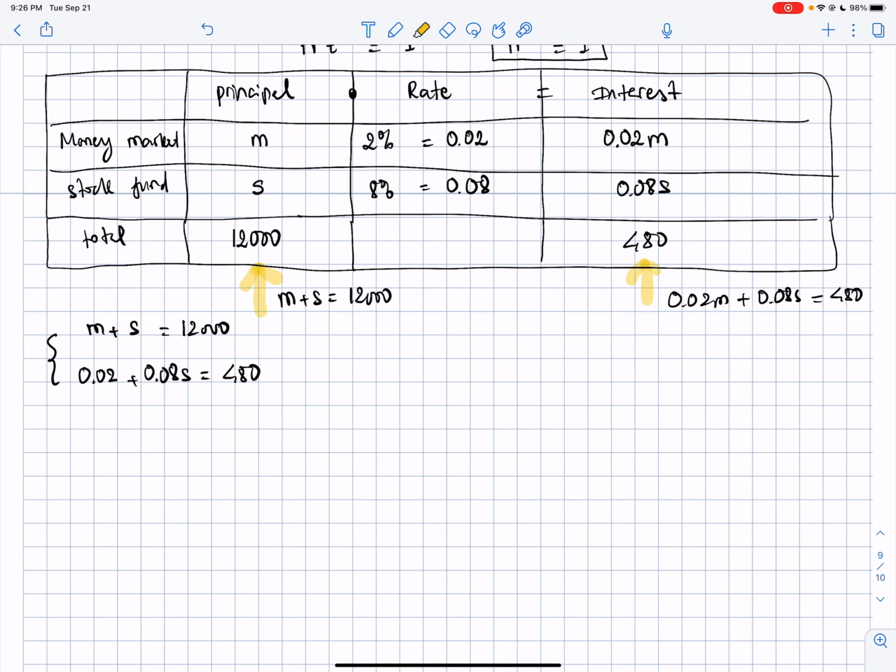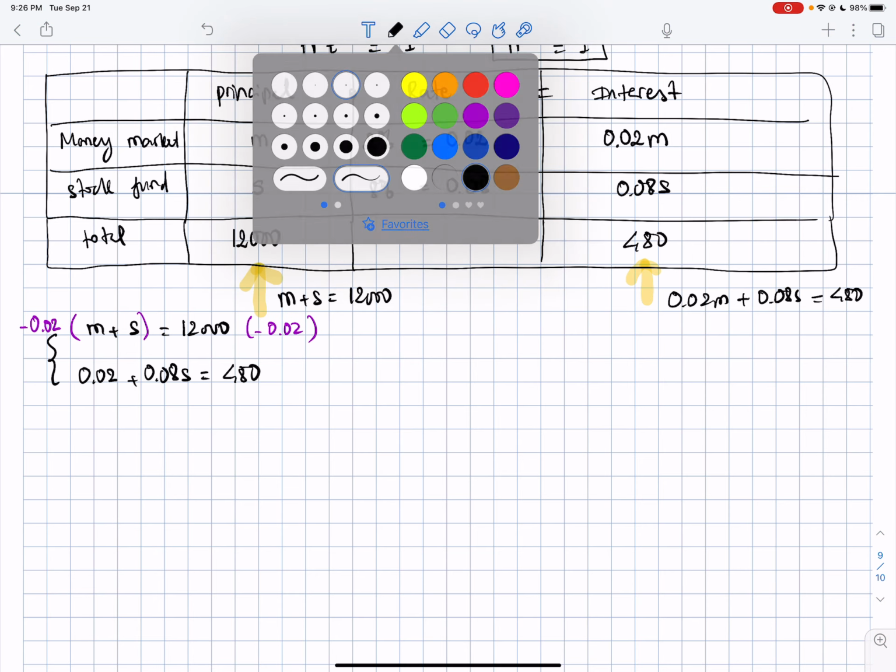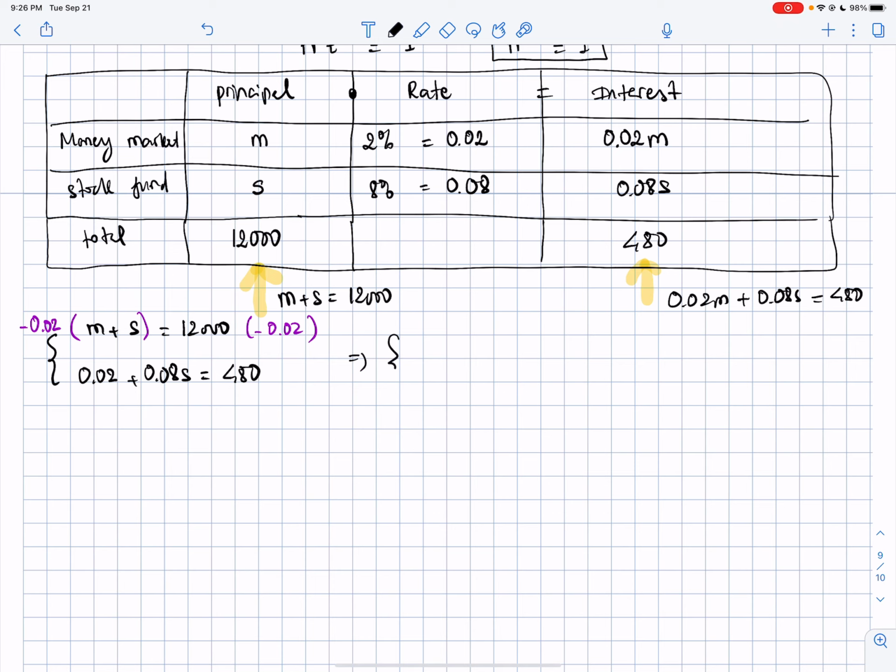I'm going to use elimination. For the pair of M, we have 1 and 0.02. For the pair of S, we have 1 and 0.08. I will eliminate the M because it's smaller. I'm going to multiply by negative 0.02 on both sides. So I will get negative 0.02 M minus 0.02 S equals negative 240.